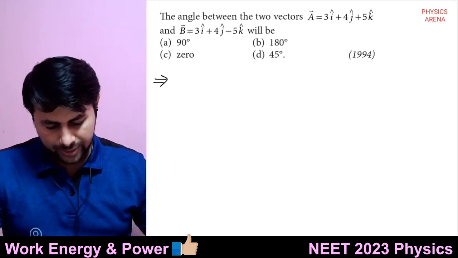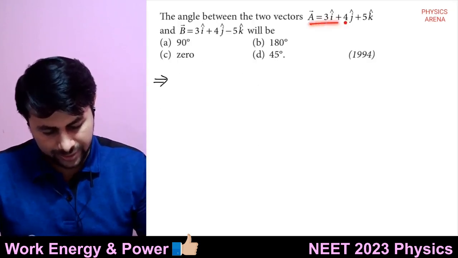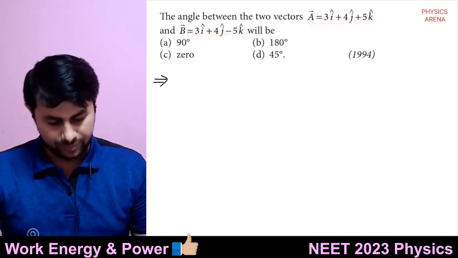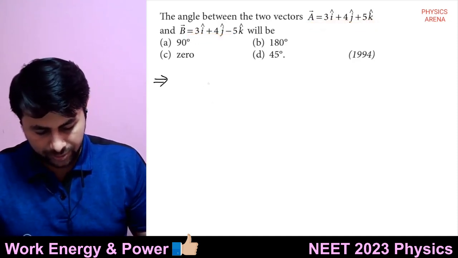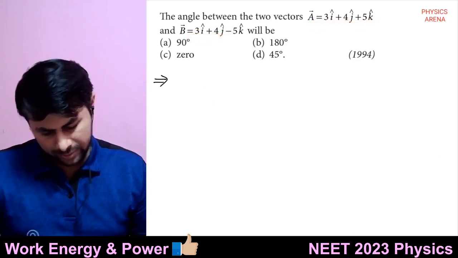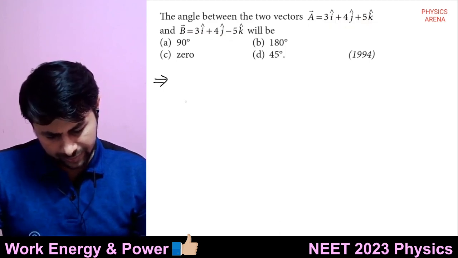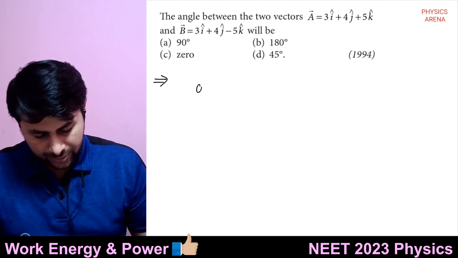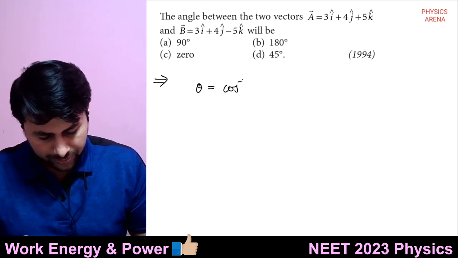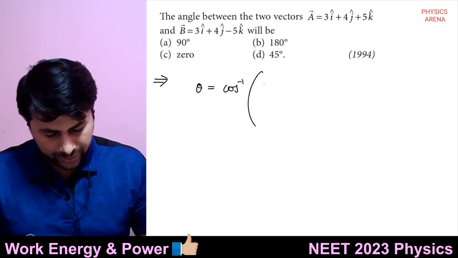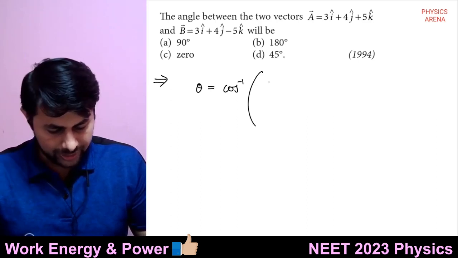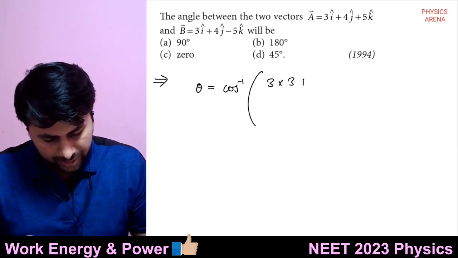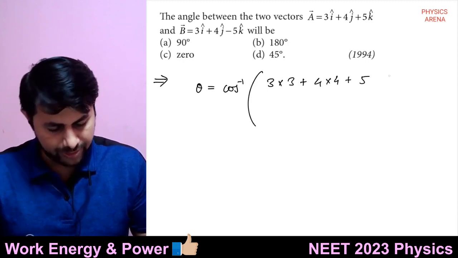Okay, so the angle between these two vectors will be... okay, so this is simple. Is it 90? Let's check. So theta is equal to cos inverse of a bar dot b bar, which is 3 times 3 plus 4 times 4 plus 5 times minus 5.